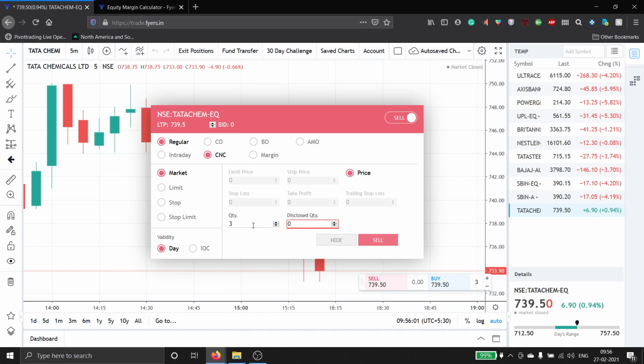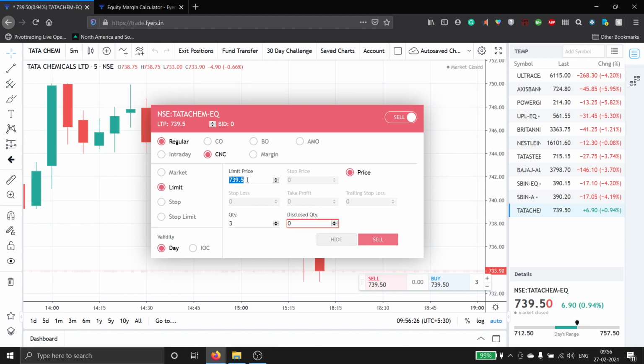But if in a fraction that price goes down to 733.85, it will buy at that price also. So remember, in the market order, whatever the price that the market offers, you will buy at that price. You don't have an option to set the price.